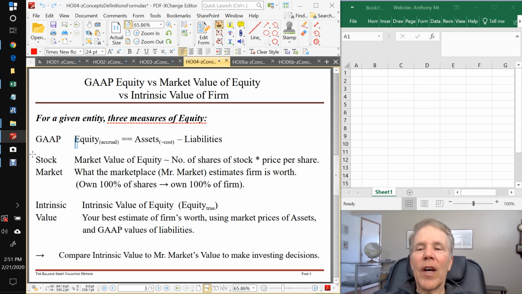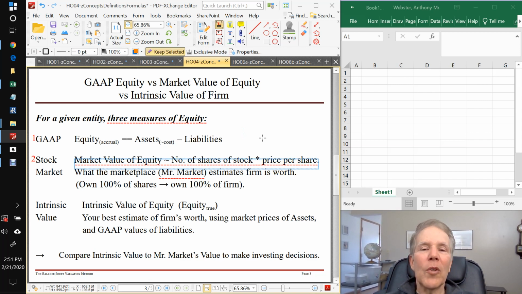Okay, second value of equity. We have our 1 here. We have our 2, which is what Warren Buffett would say Mr. Market is thinking the value of this firm is to all its owners, all its shareholders. And that is always nothing more than the number of shares of stock outstanding times the price per share.